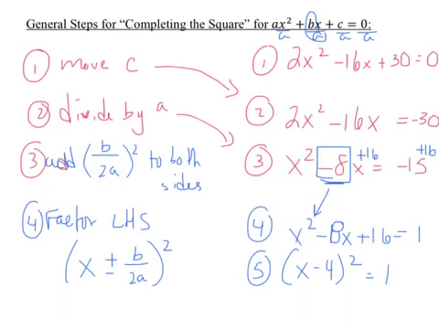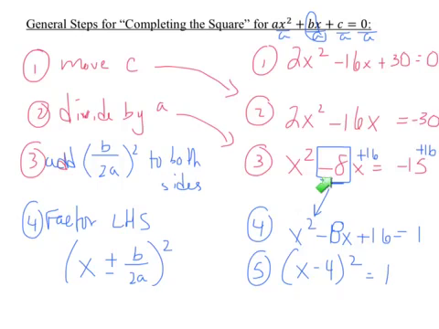And take a look. The original b value was 16. 16 over 2a. Well, 2 times a is 2 times 2. So it's 16 over 4. So this is going to be 16 over 4. So x plus or minus 4. Well, there it is, x minus 4. So this will always factor into this. So if you ever forget what you're doing, go ahead and think back to this and think about when you took half of it.